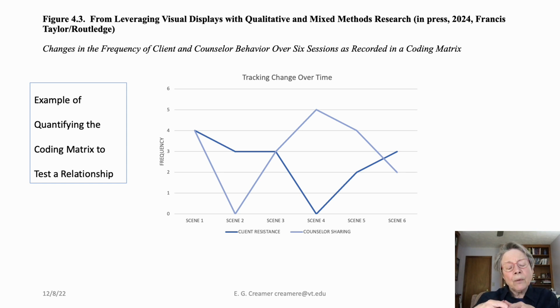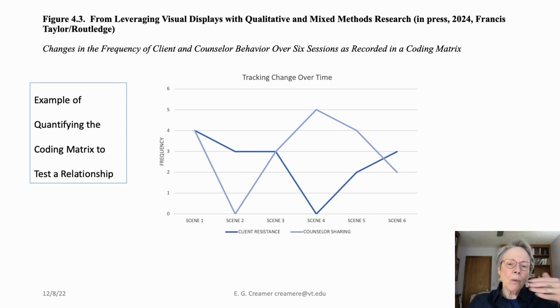So in this case, it's exploring one hypothesis that emerged that essentially is a hypothesis about mirroring, that as the therapist shared personal information, the hypothesis was then the client would share personal information. That isn't totally supported by this bar graph, as there really is a pause in this particular video where the client resists what the therapist is doing.